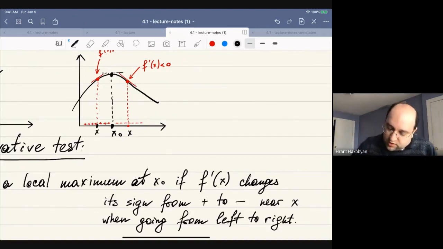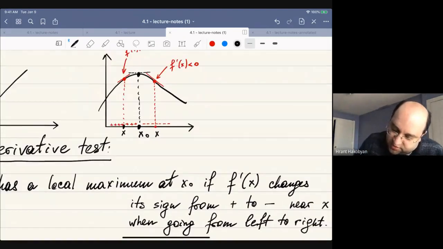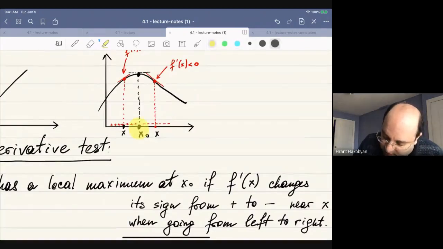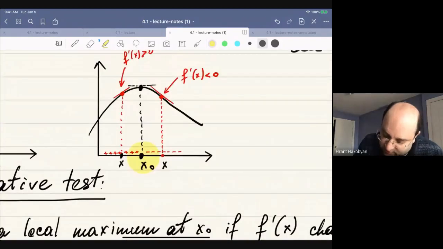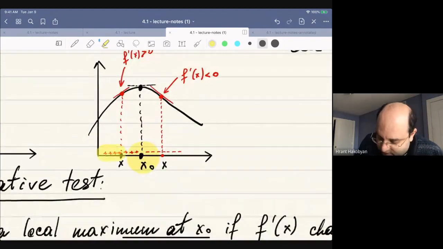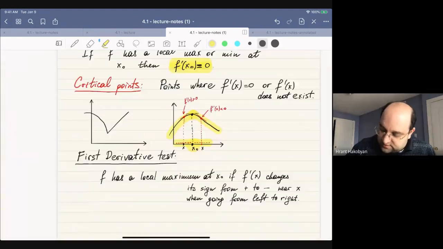So it's just like in this picture here. At that point I have that the derivative changes its sign from positive to negative. That's why I have a maximum there. That means it's going from increasing to decreasing. Okay, so that's the idea.